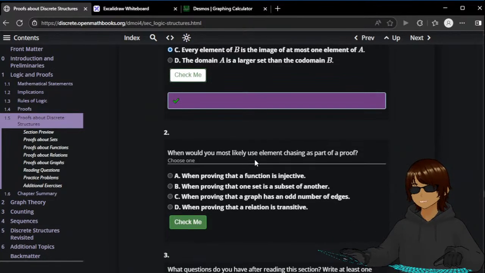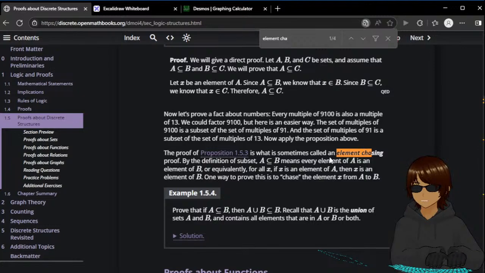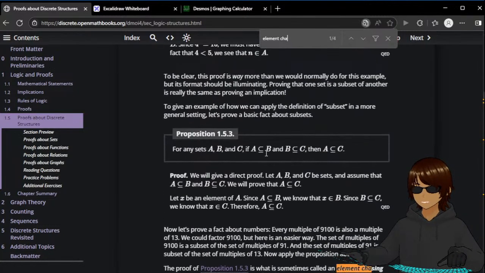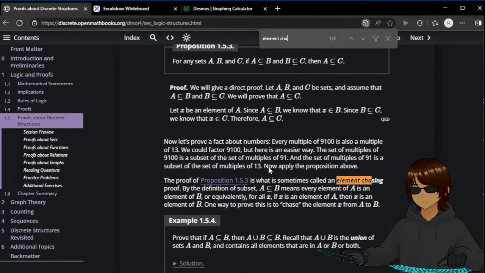When would you likely use element chasing as part of your proof? Element chasing. The proof of 1.5.3 is what is sometimes called an element chasing proof.